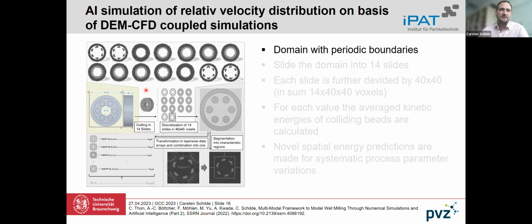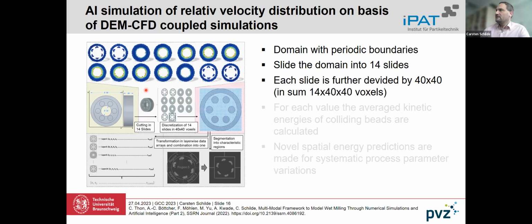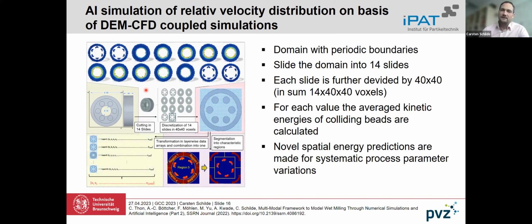We can sum it up for the whole mill and then have a three-dimensional stress energy distribution for the whole mill. We can do this for 20 simulations as a basis for the training of the machine learning system. And then the machine learning system is hopefully able to be transferred to other process parameters.